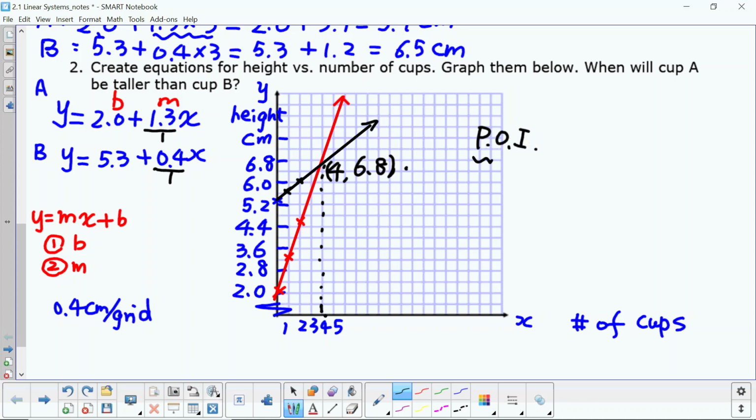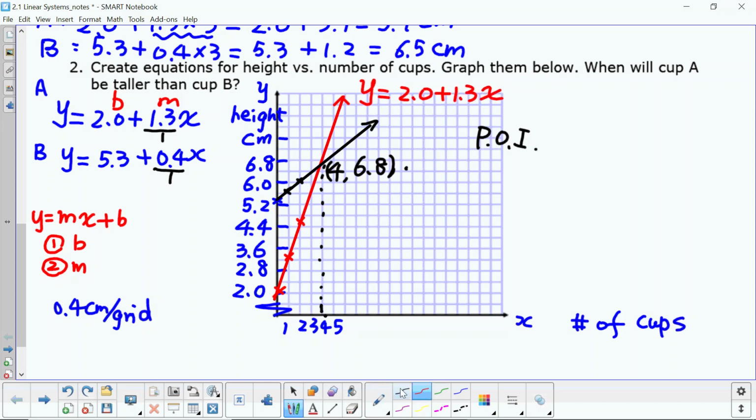And this is what we are interested in for our future linear systems calculation. For a linear system, what we are interested in is this point of intersection. Because you have 2 graphs here, please label them. This is the first cup, cup A: y equals 2.0 plus 1.3x.